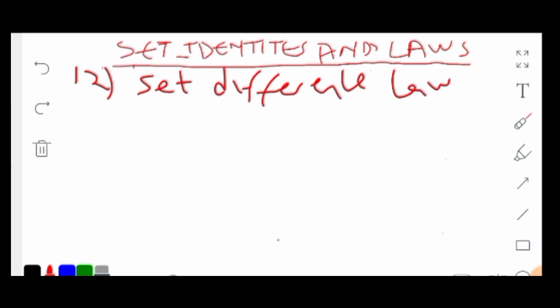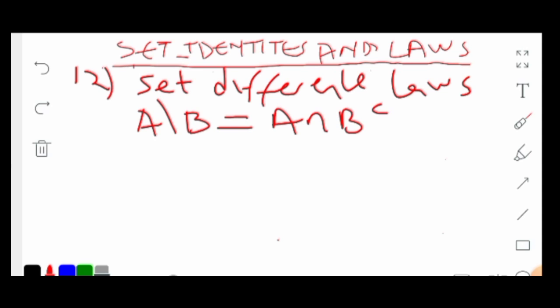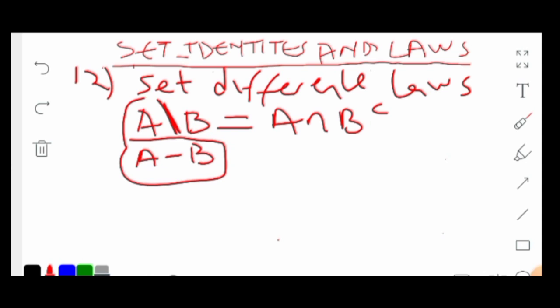Set difference law. It says that A difference B will always equal A intersection B complement. That's set difference law. Or you can also write it like this, A difference B. They are both the same thing. So if you calculate this, it always gives us this.